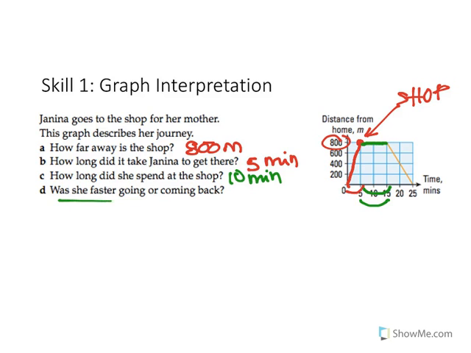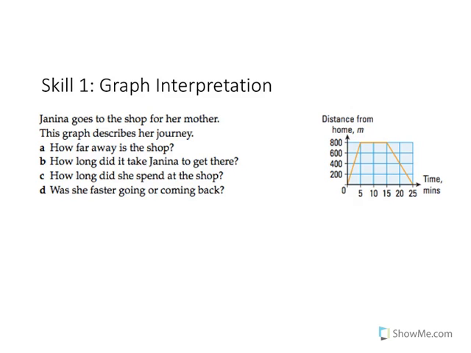And then, was she faster going or coming back? The steeper the line, the faster it is. If we were to compare a line like this versus a line that was a little flatter, we would say that this is faster because it rises faster, whereas this one rises slower. Going downwards, it's the same idea.